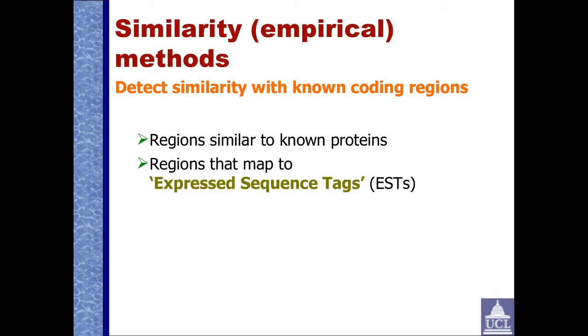The similarity methods, or empirical methods, detect similarity with known coding regions. So we're looking for regions that are similar to known proteins. And we can also use regions that map to so-called expressed sequence tags. These are relatively short regions of sequence, generally up to maybe 600 base pairs long, from the 5' and 3' ends of messenger RNA.